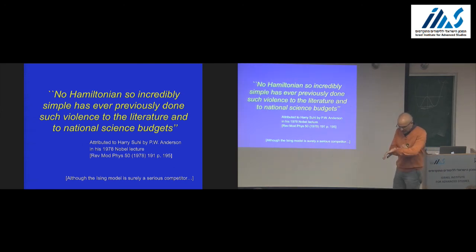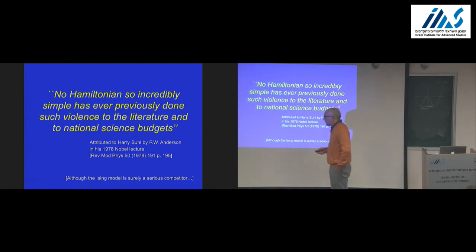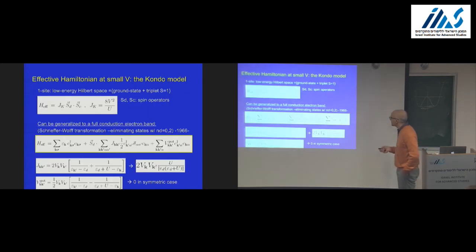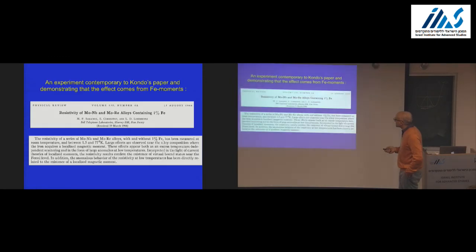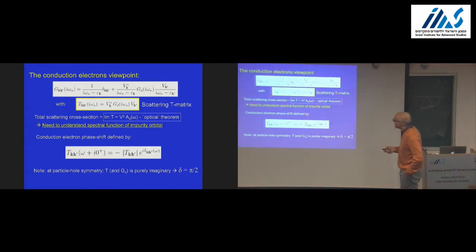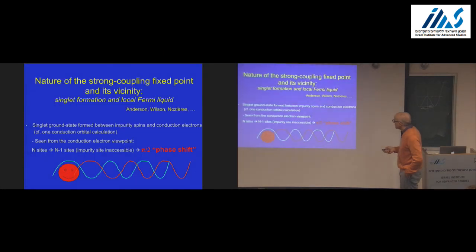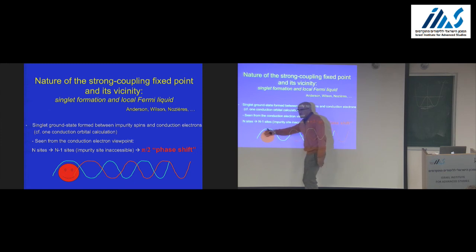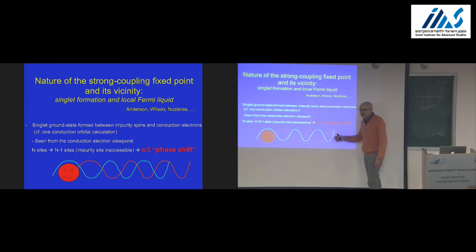Okay, so I'm not going to continue very much on this single impurity quantum dot or magnetic impurity framework. I can just tell you a few additional things before moving to DMFT. I mentioned the phase shift, right? Once we form the singlet, the conduction electron must be phase shifted by pi over 2.